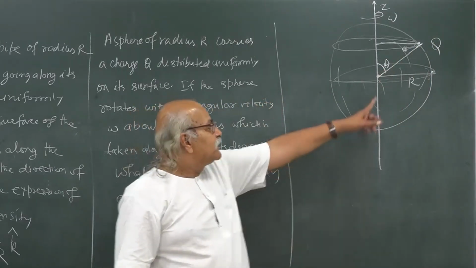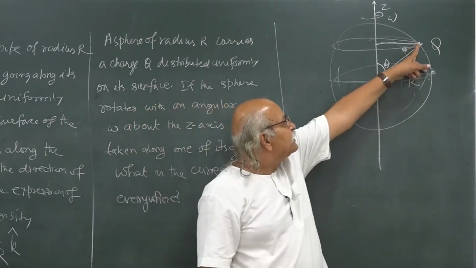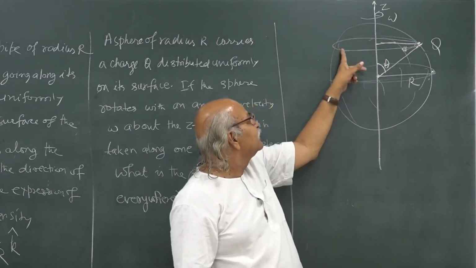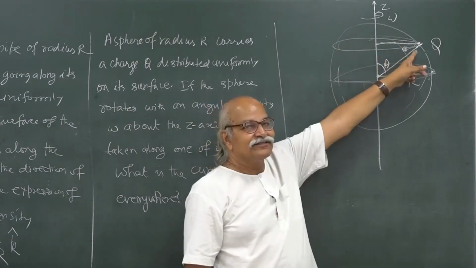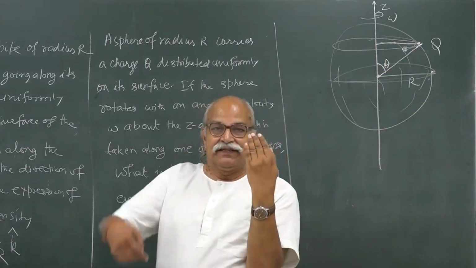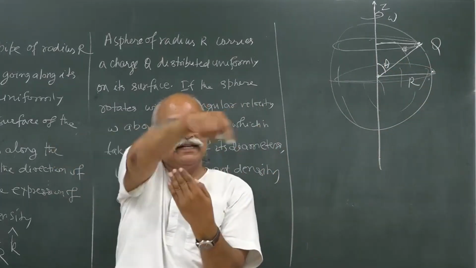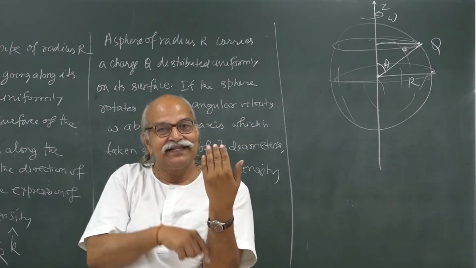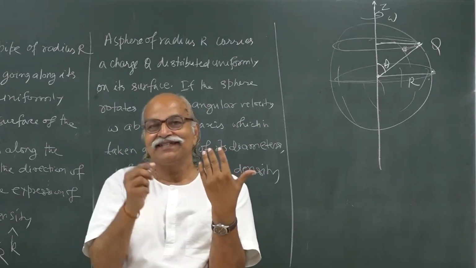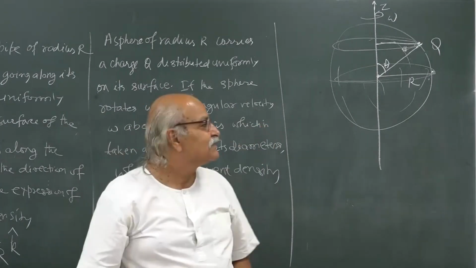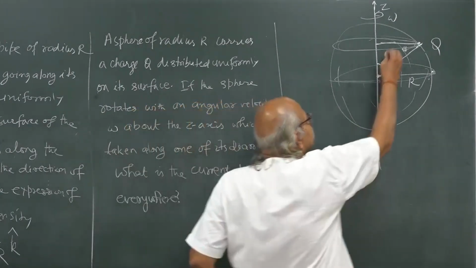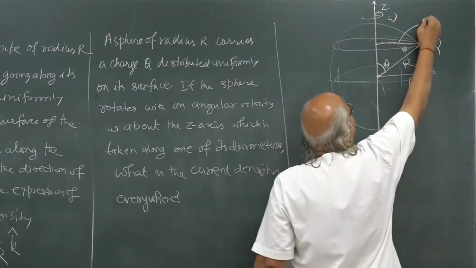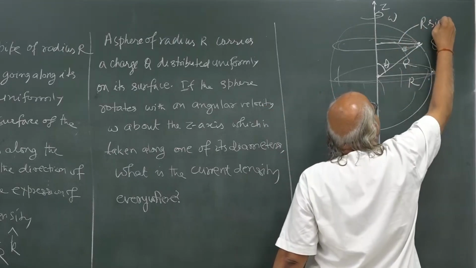And this theta is the same: imagine this is the circle, take any point, join to the center, and the angle with the z axis is the same, it is making a cone. So, this angle is theta, and therefore, the radius of the circle is r sin theta.